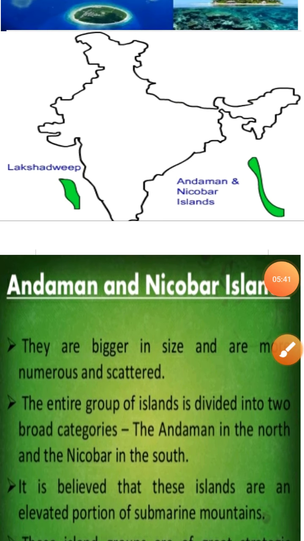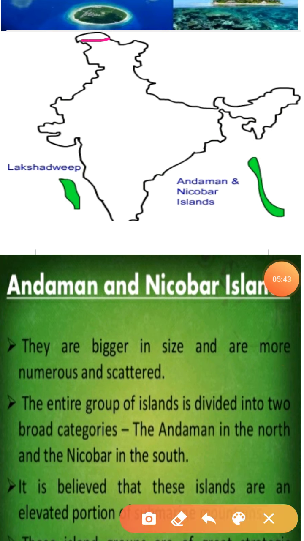As you know, there is an existence of the Himalayan mountains from here to here in the form of a hairpin. So the extended part of the Himalaya got submerged in these areas, but at this place the Himalayan ranges re-emerged. The elevated, uplifted part of these mountain ranges is called the Andaman and Nicobar Islands.